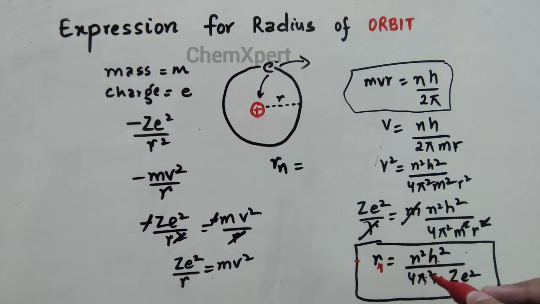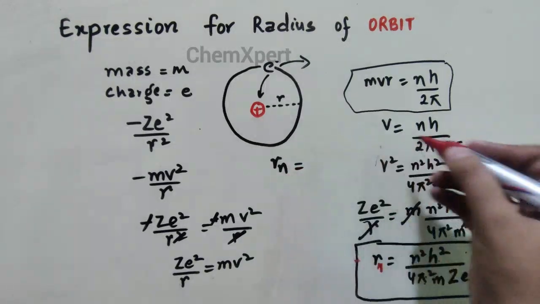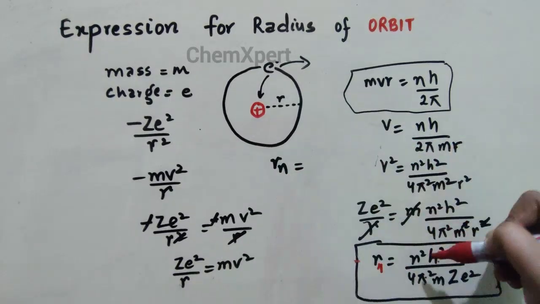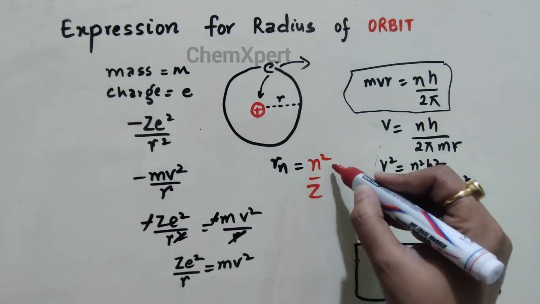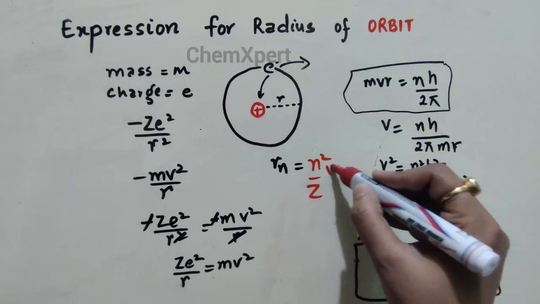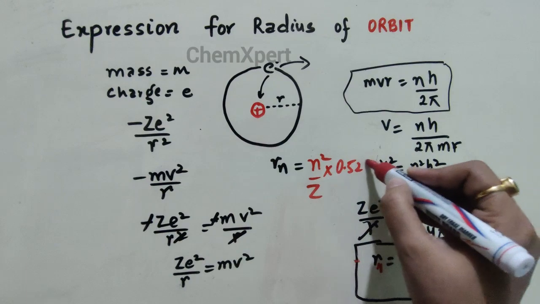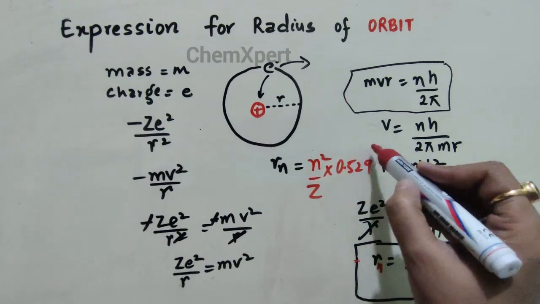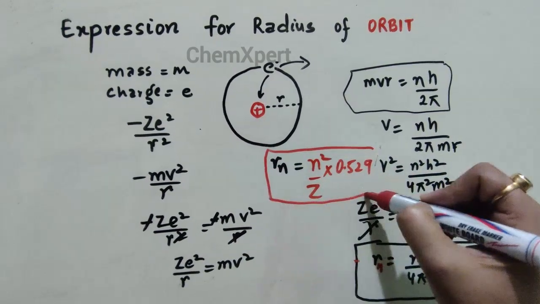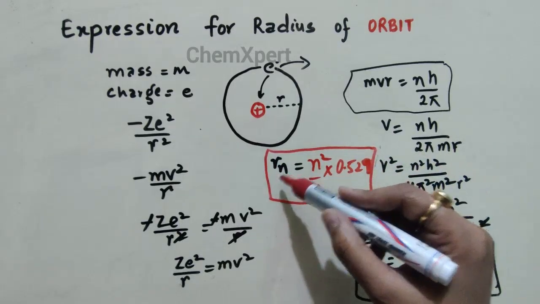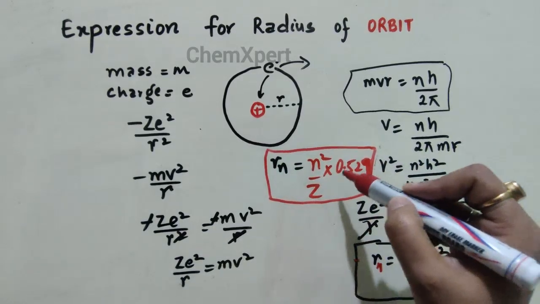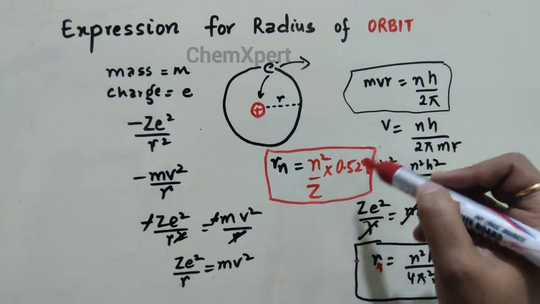While placing all these values, we get the expression Rn is equal to n square by Z into 0.529 angstrom. So this is the relation for the nth orbit.